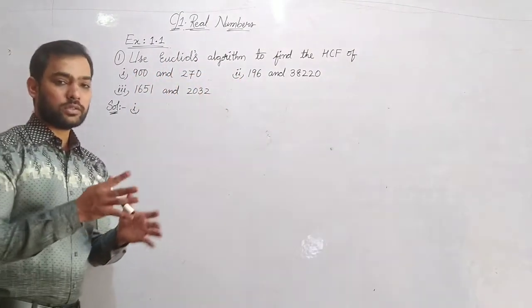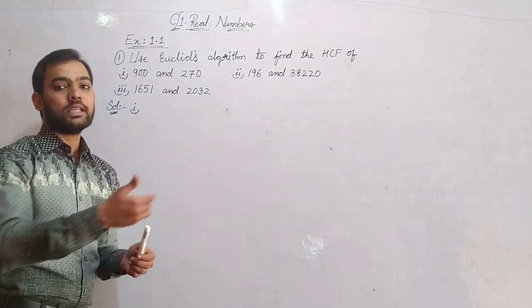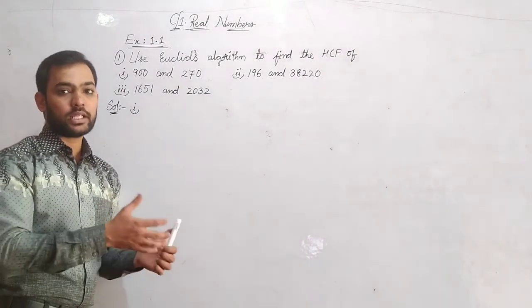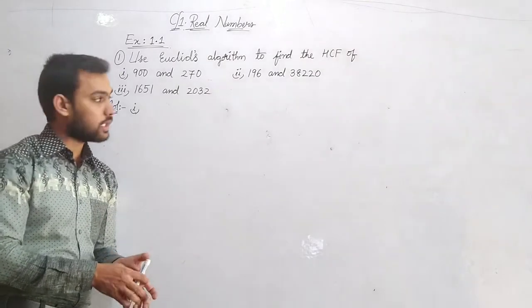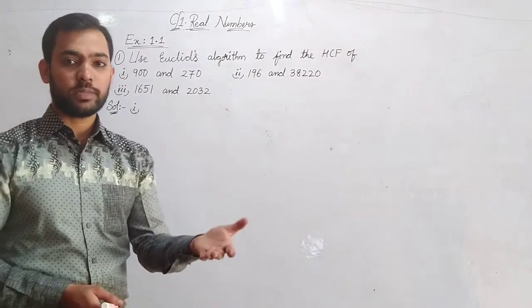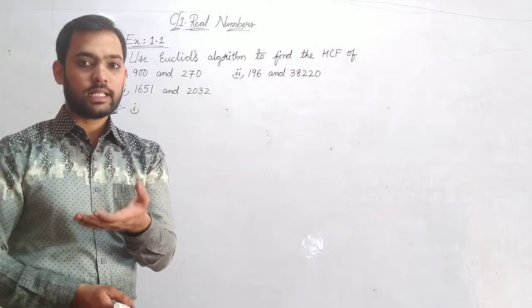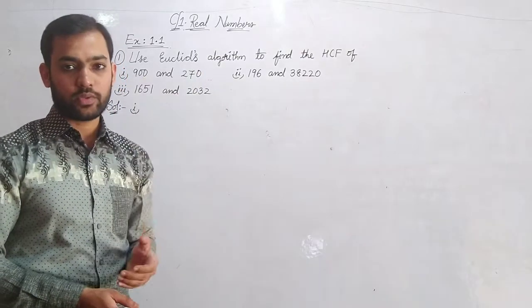Whenever these type of questions are given, you need to think that Euclid's algorithm is A is equal to BQ plus R. That equation you are going to use. That is actually Euclid's algorithm. Here the letters A and B are nothing but the given numbers that you need to take in place of those variables.